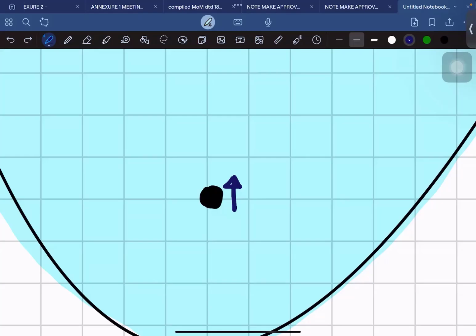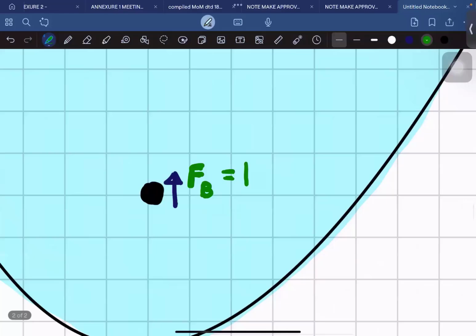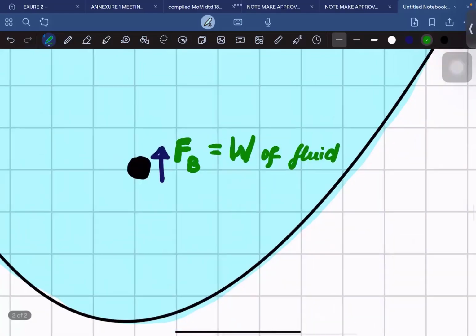What I'm saying is this buoyancy will be exerted by the fluid. Suppose I denote it by the letter buoyant force. The buoyant force exerted by the water is actually the weight of the same fluid displaced by the object.